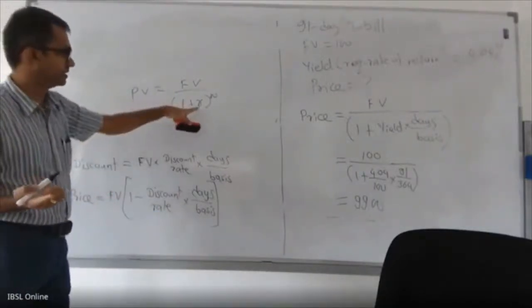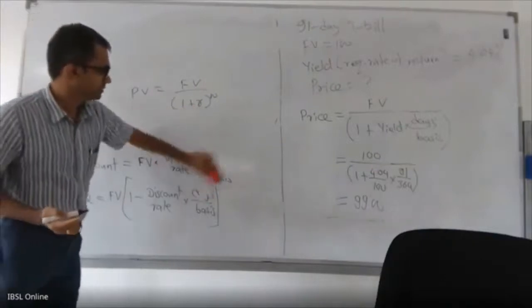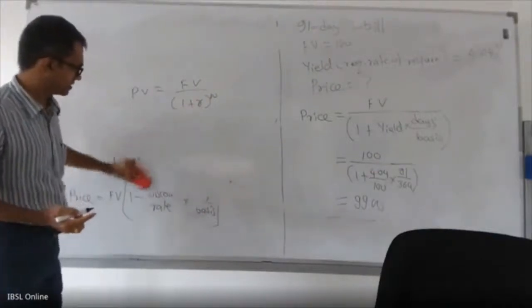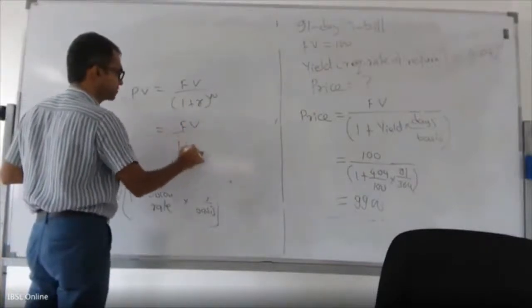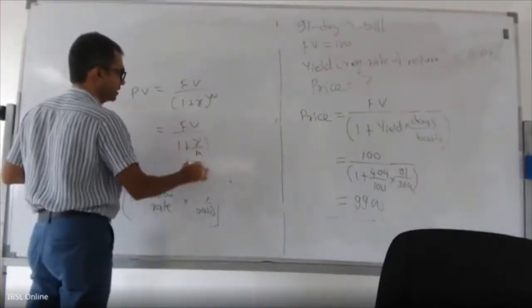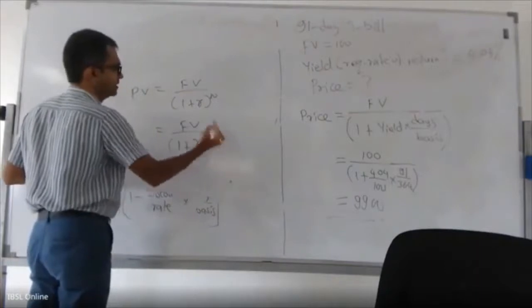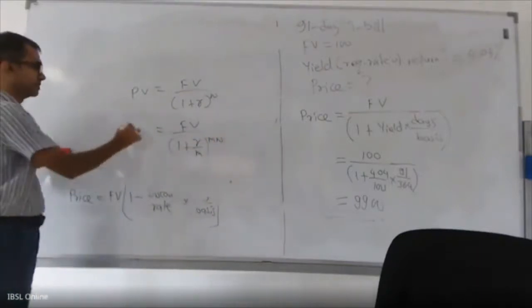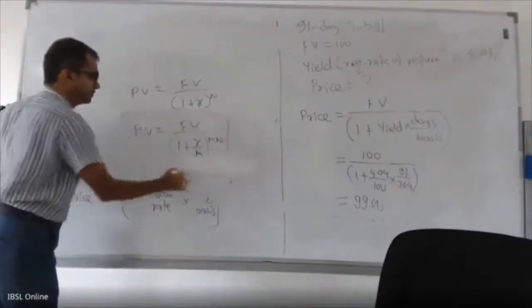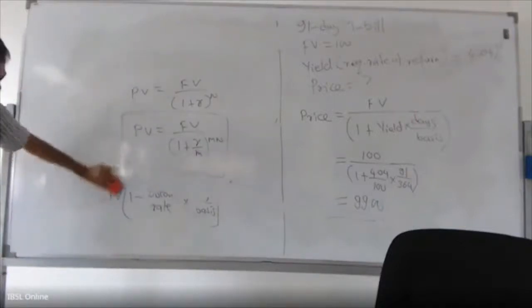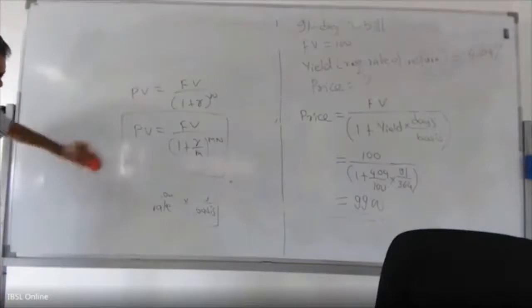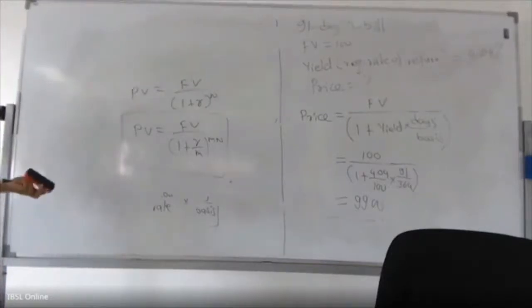And even in this, you might remember when the frequency is more than 1 per year, we divide: 1 plus Rm over M, to the power M into N. This is the concept that we used in a zero coupon bond.